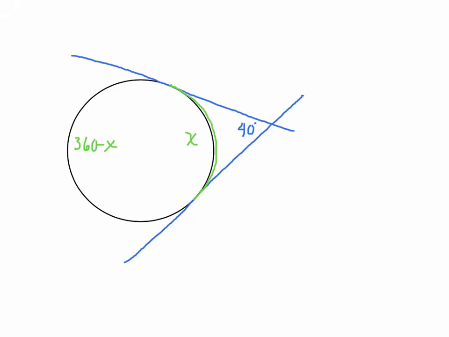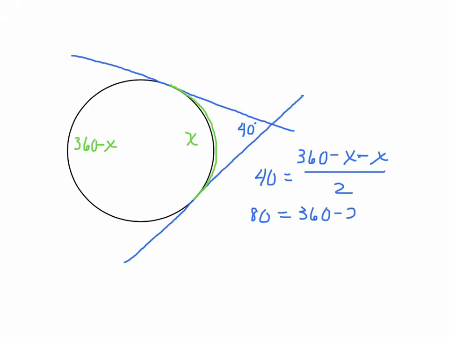Now we can set up an equation. We know that an exterior angle, 40 degrees, is equal to the difference in the arcs, so 360 minus x, all over 2. To solve this equation, we'll multiply both sides by 2, and I'll combine the x's.